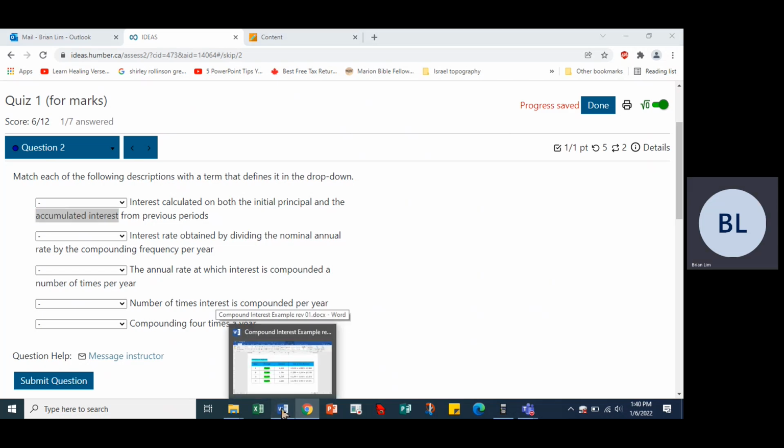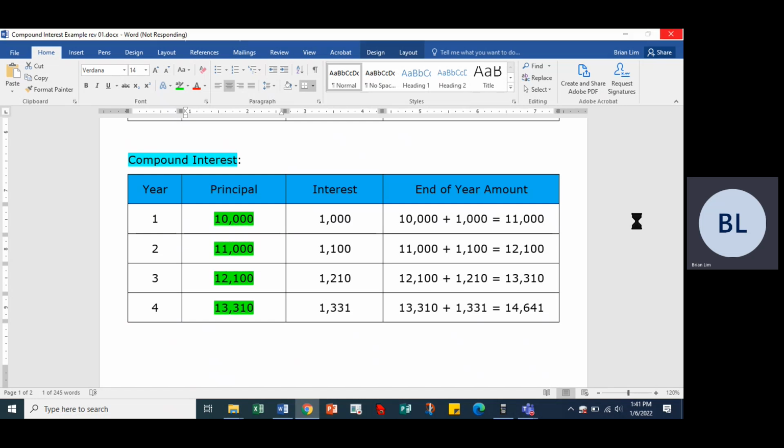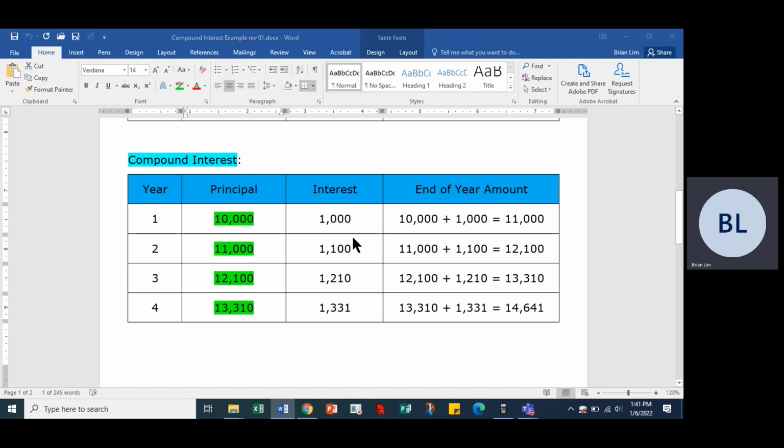Now, if we go back to the one that we did on compound interest, you will see that there is the principal, there is the interest, it is added together, and that becomes the 11,000. 10,000 principal plus 1,000 interest became 11,000 at the end of year 1. So year 2 started with the 11,000.